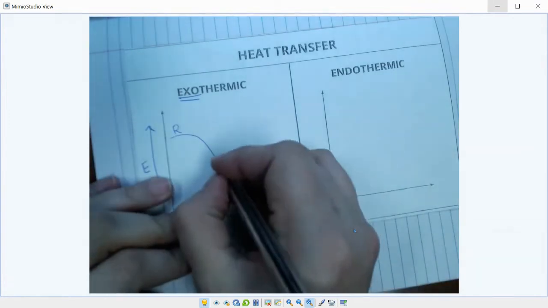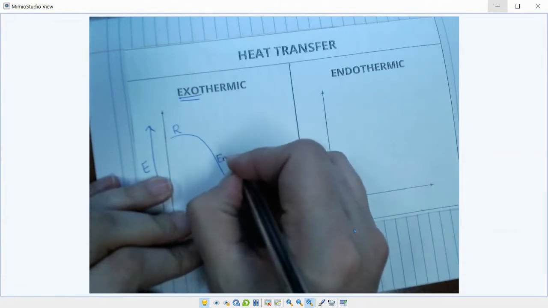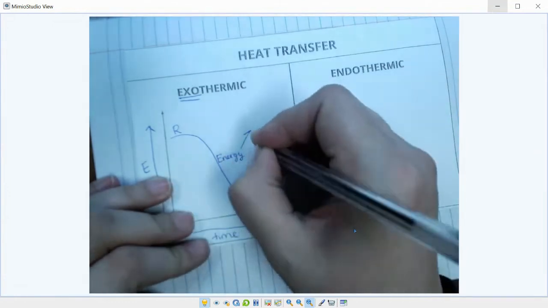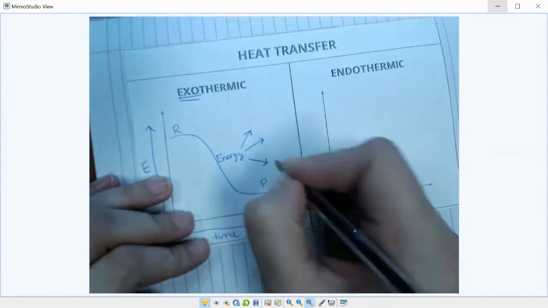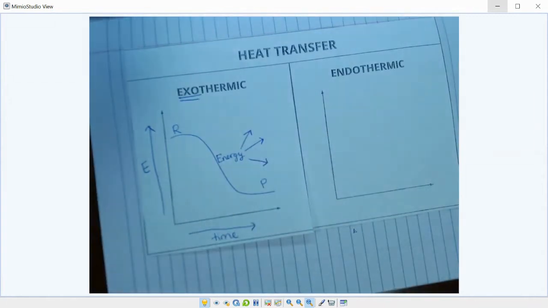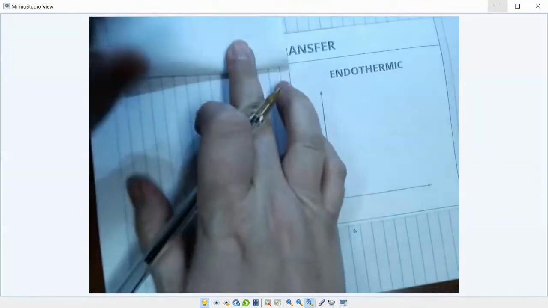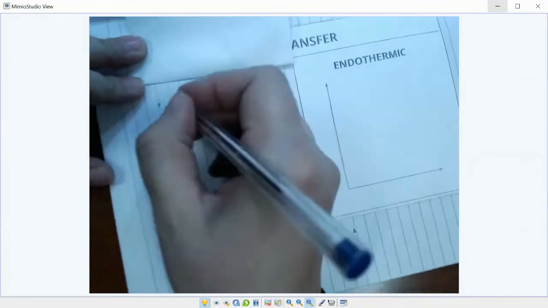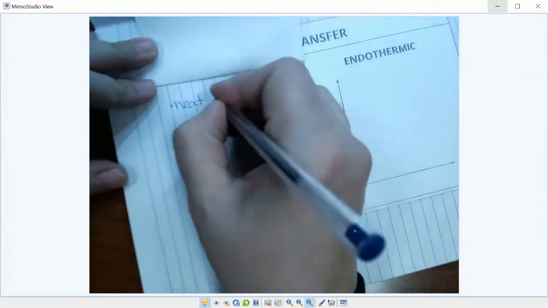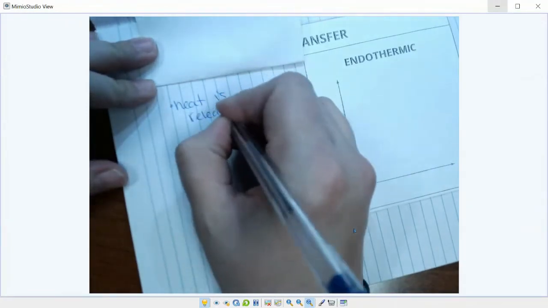So you can think of this as if energy is leaving. And remember, we've talked about energy as being heat. So energy is leaving. So let's summarize that under this flap. If it's exothermic, that means heat is released.